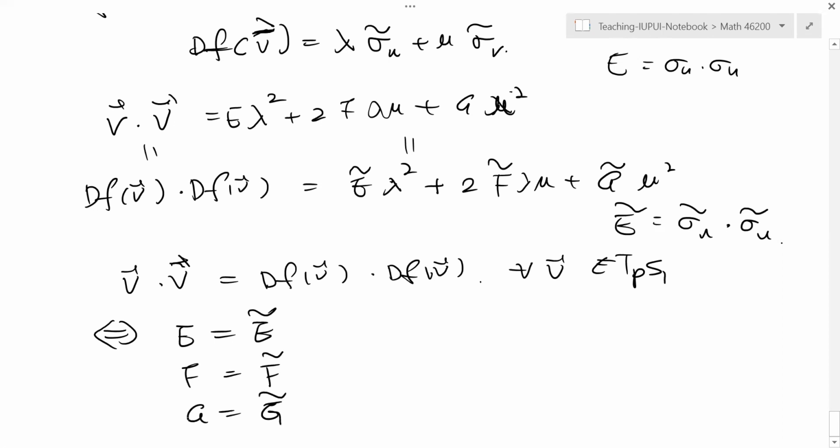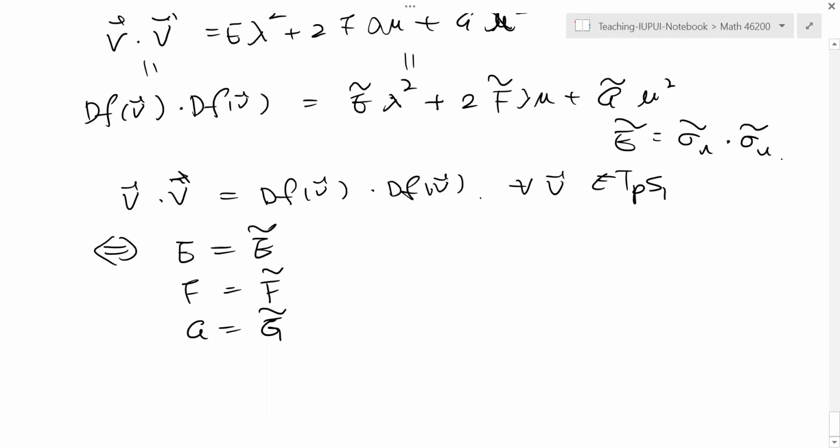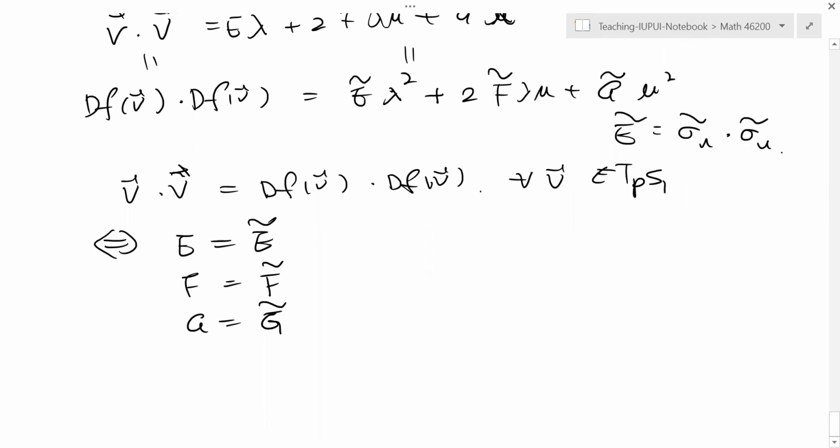All the coefficients are the same. Those are the coefficients with respect to the surface patch F circle sigma.